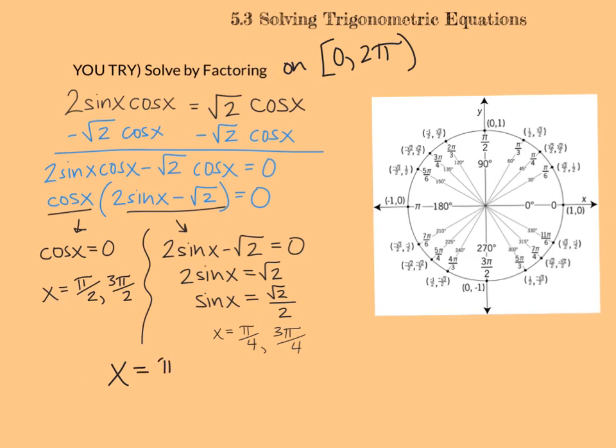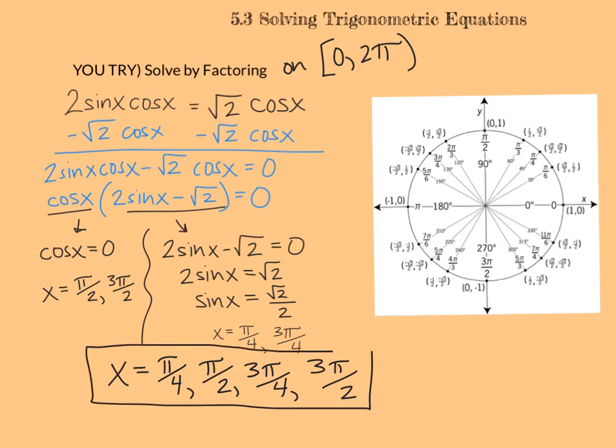First is pi over 4, that's the smallest. Then pi over 2. Next up is 3 pi over 4. And lastly is 3 pi over 2. That's just writing them in order. You don't have to do that. That's just what these types will look like on your final. So cool. Nice job, guys.